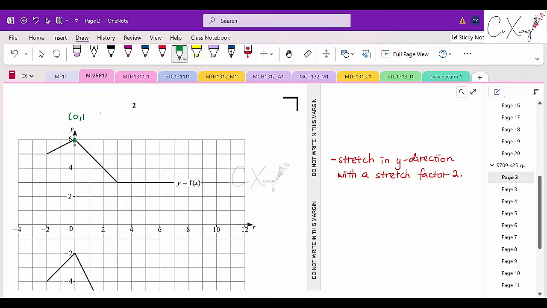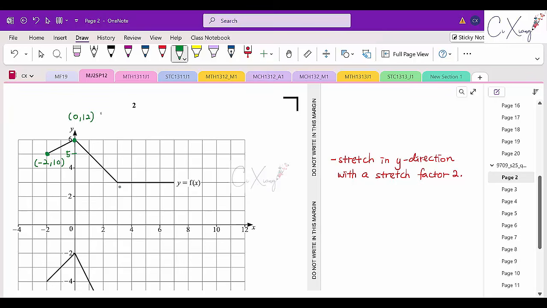I write in the green color so that you know what happened here. Let's have a look at this particular part. Originally you're having 5 for the y value. After the stretching, you need to multiply the 5 by 2, so 5 times 2 is 10. So for this point, you're having -2 and also 10 after the first transformation.